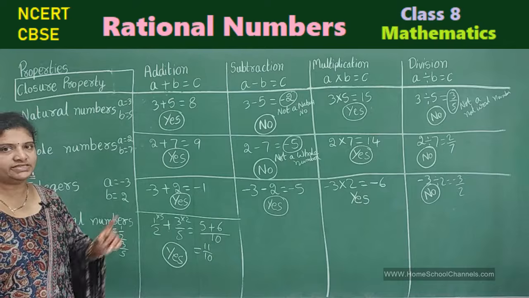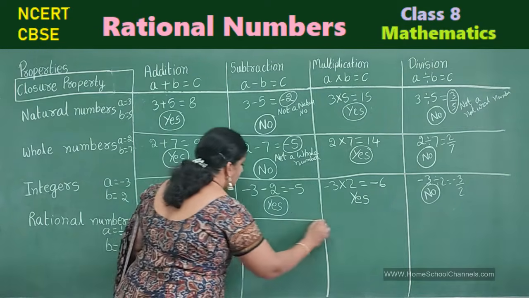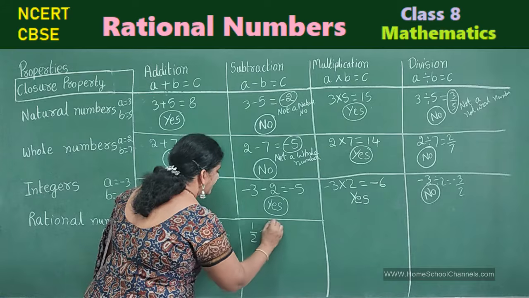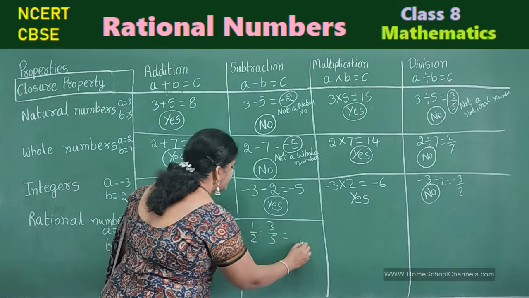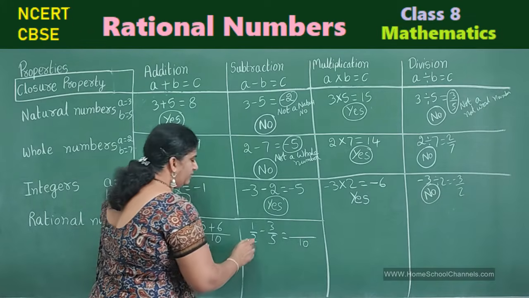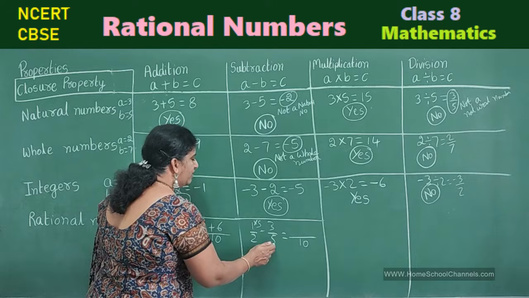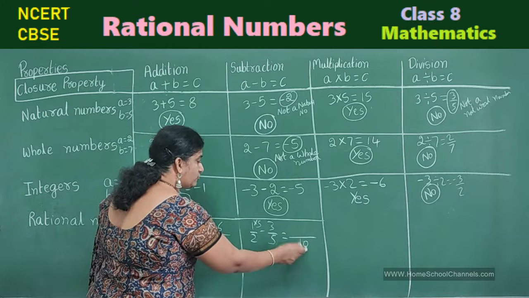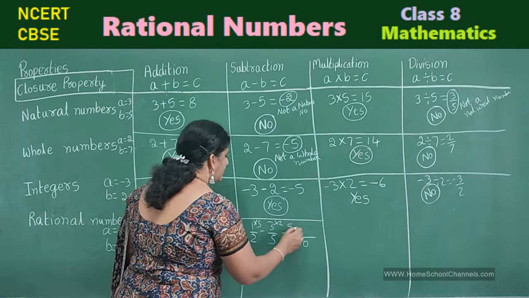Next operation is subtraction. A value 1 by 2, B value 3 by 5. 1 by 2 minus 3 by 5. Again do the LCM. 10. 2 table you get 2 5s are 10, 5 multiply here. 5 table you get 5 2s are 10, so multiply 2 here. 1 5s are 5.